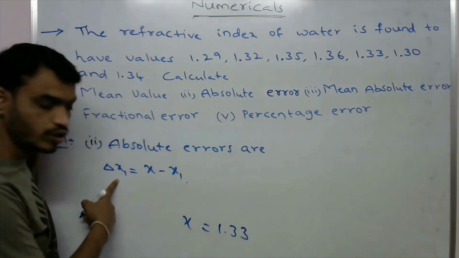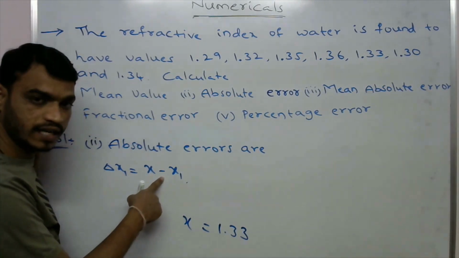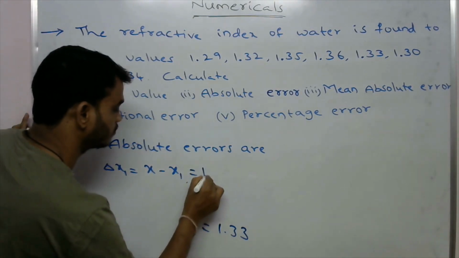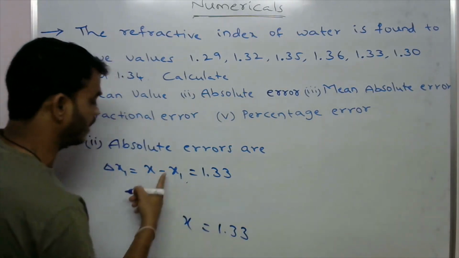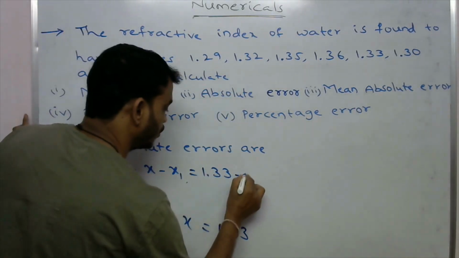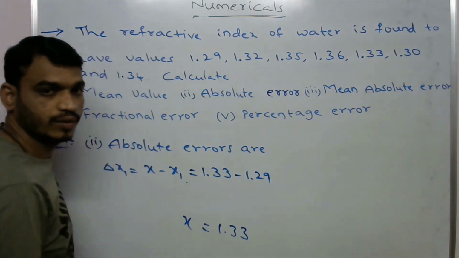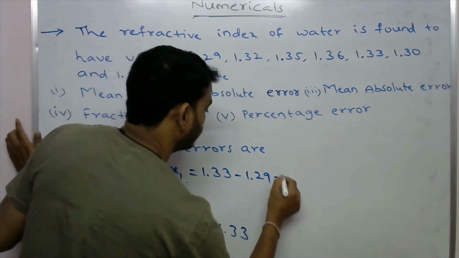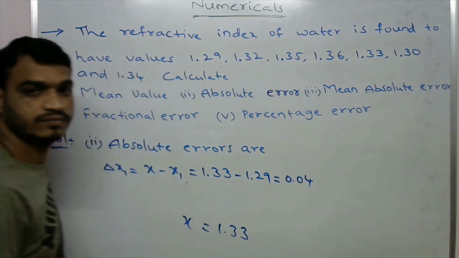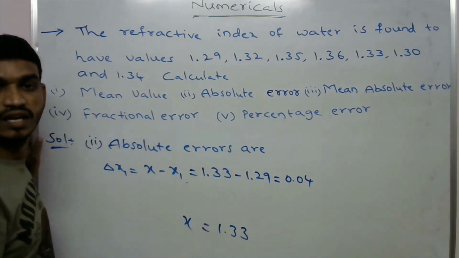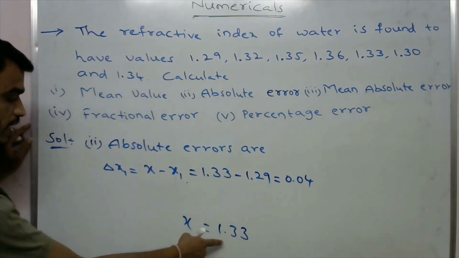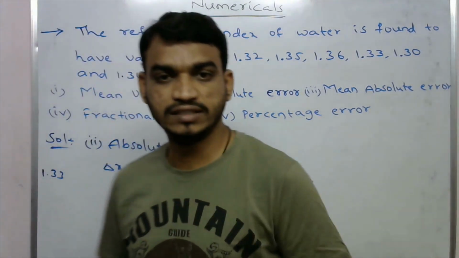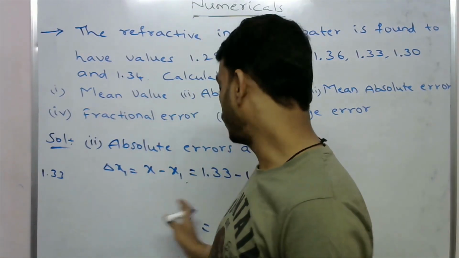What is the mean value? 1.33, and the first measured value is 1.29. So 1.33 minus 1.29 is 0.04. This is the first absolute error value. Here I am writing this 1.33 beside it, because the mean value is useful for further calculation.